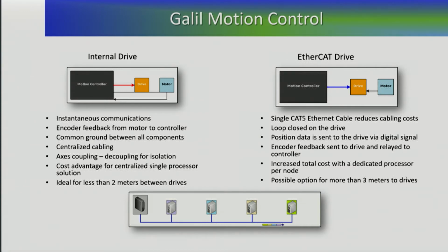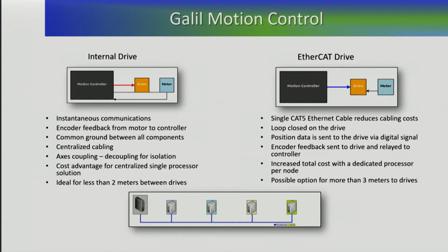In the centralized solution, the advantages are you have instantaneous communications between the motion controller and drive, and you get basically the feedback coming straight into it. You have a common ground between all the components, centralized cabling, and the cost is one of the advantages there.